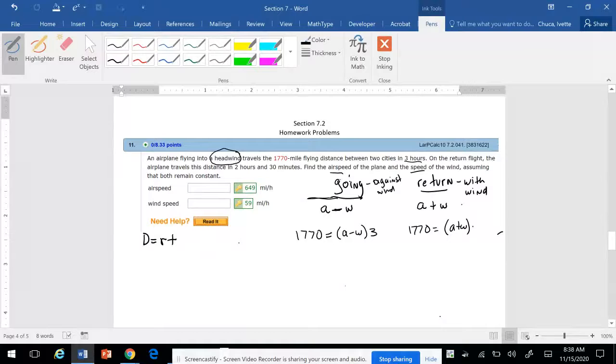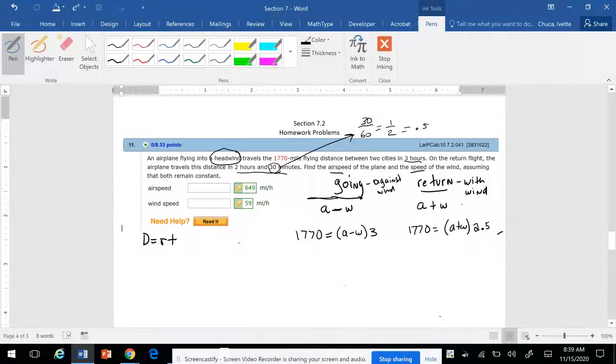And now the time is different. It's going to be 2 hours. And then for 30 minutes, we need to convert that to hours. So we can do that by writing it over 60, since there's 60 minutes in 1 hour. So this reduces to half. So 2 hours and 2.5 hours.